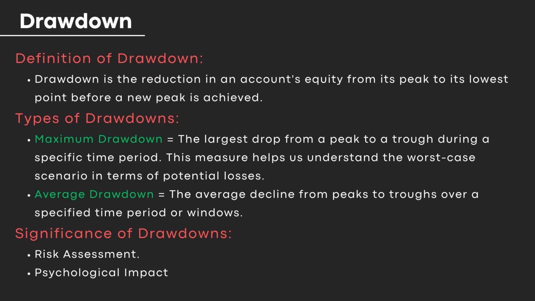It basically shows you the biggest losing streak that you've had, and that gives you an idea of the fact that these big losing streaks exist in your trading system too, even when you follow your plan consistently.